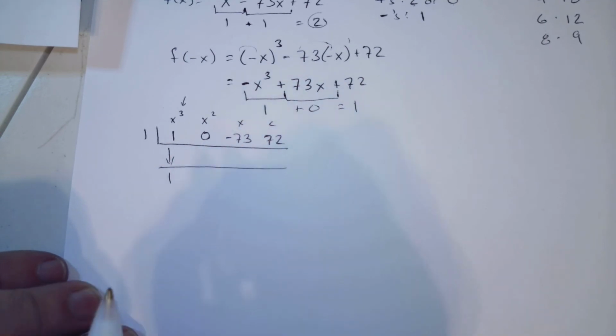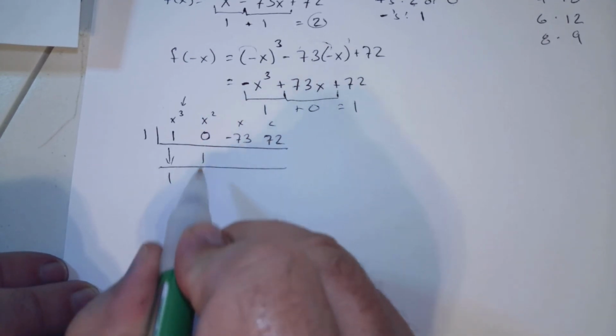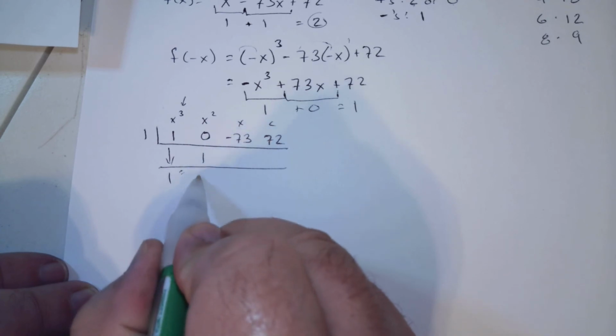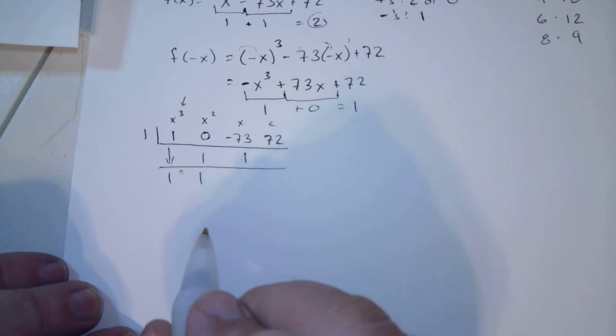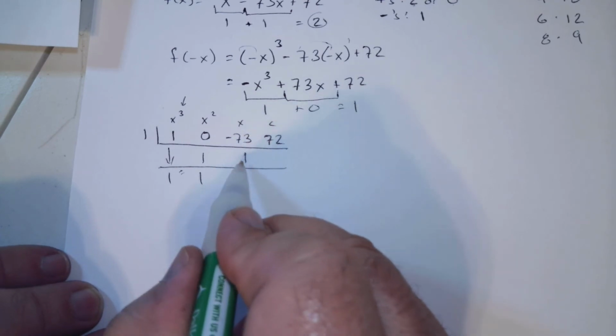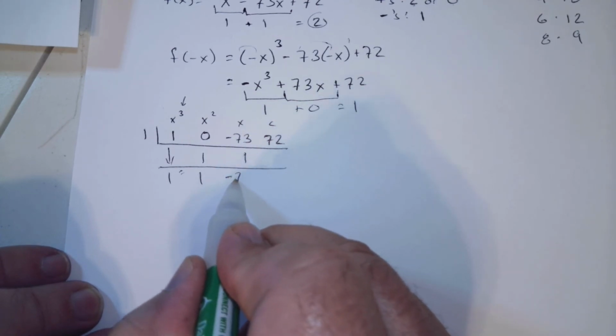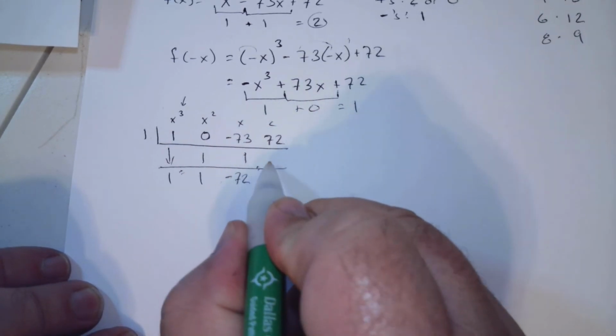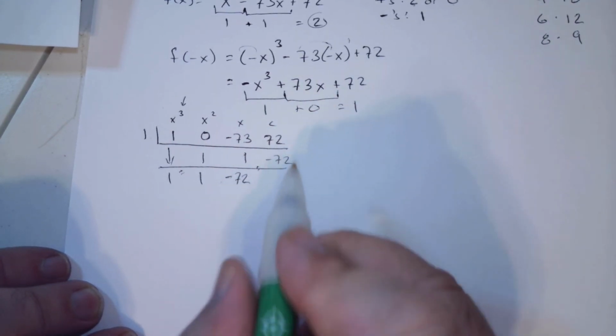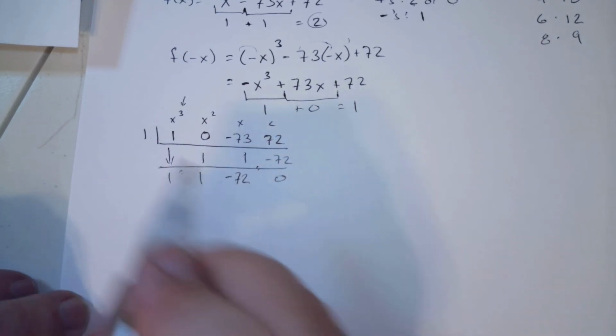Bring down the first one. 1 times 1 is 1. 0 plus 1 is 1. 1 times 1 is 1. Negative 73 plus 1 is negative 72. 1 times negative 72 is negative 72. Plus 72 gives 0. It worked. The first one worked out.